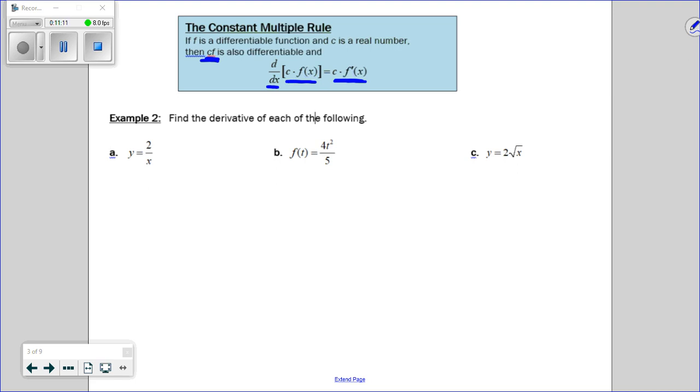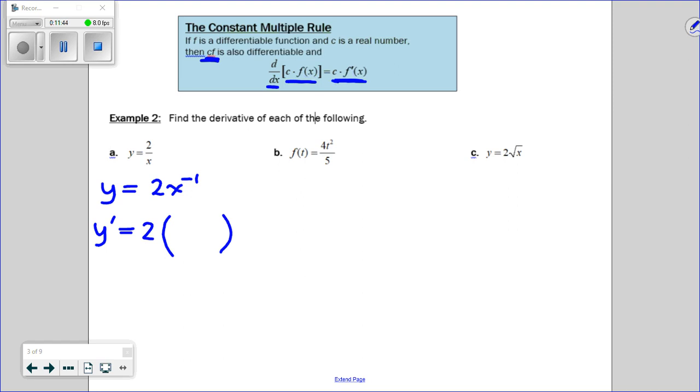Okay, so for instance, when we look at our examples, y equals 2 divided by x. Well, just like in our previous examples, in order for me to use the power rule, I'd have to rewrite this as y equals 2 times x to the negative 1 power. So now what I can do, y prime would equal 2, that's my constant multiple, times the derivative of x to the negative 1.